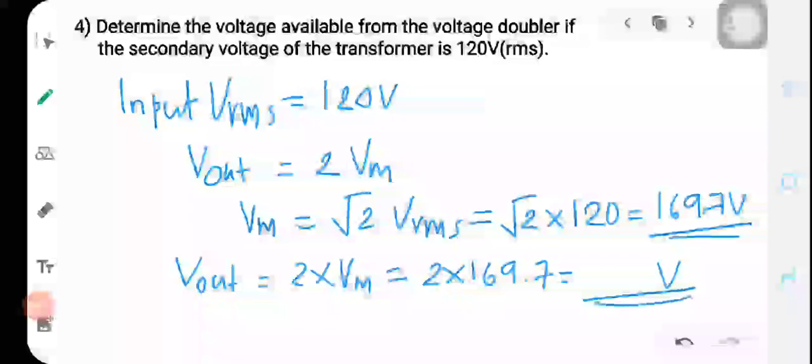Again, make a second comment to this video by answering this value. That means you have to write the numerical value or the final answer of this question as a second comment to this video.